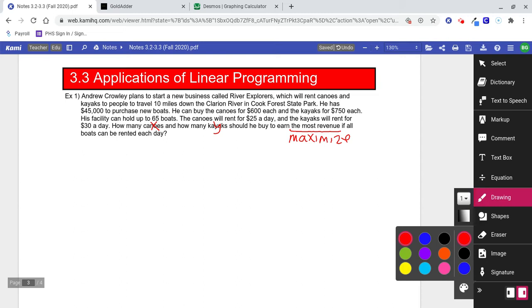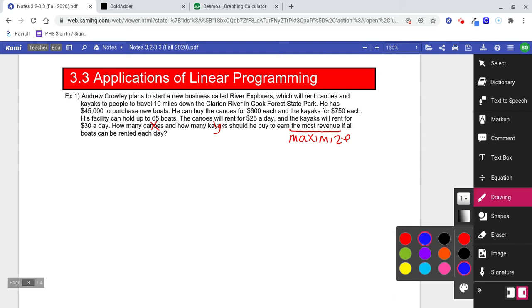So we can go back through and try to cut out some of the non-essential information. So we're maximizing revenue. Can you find numbers that are talking about revenue? 10 miles, no. $45,000 to purchase new boats.